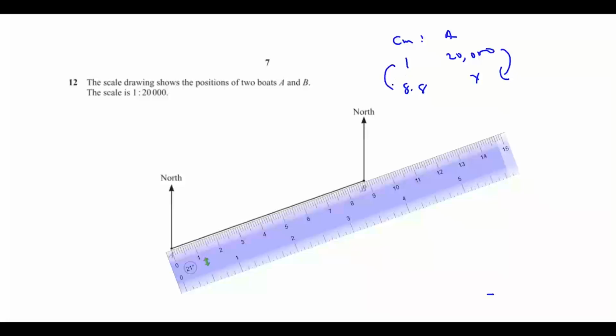So this is just times 8.8 will give you this. So you have to do the same thing here, multiply by 8.8. So you can go ahead to multiply 20,000 by 88. Then in your answer you place in the decimal point there. If you do that, you should get about 176,000.